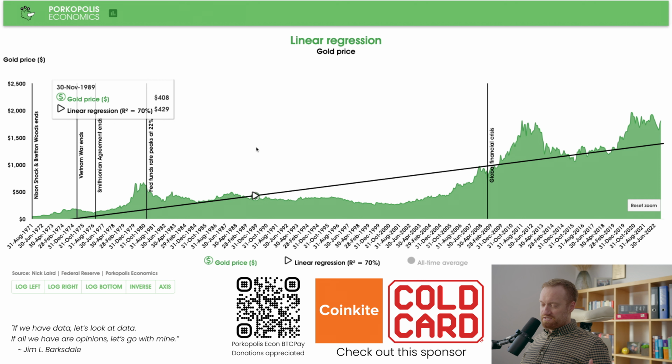And as I've said before, past performance does not equal future performance, and this is not financial advice, and so on and so forth. Statistics themselves, of course, can never make this guarantee. This is not going to say that the price will definitely continue on this trend line. But this is just the mathematical way to do it. This is how you draw the trend line of a linear regression around something. So that's a linear regression. That's how this looks for gold over 50 years.